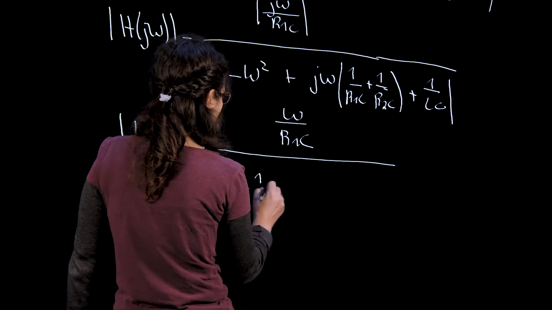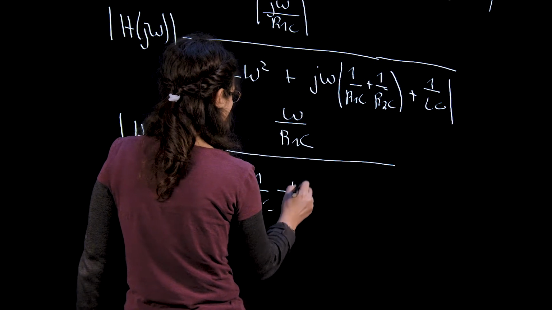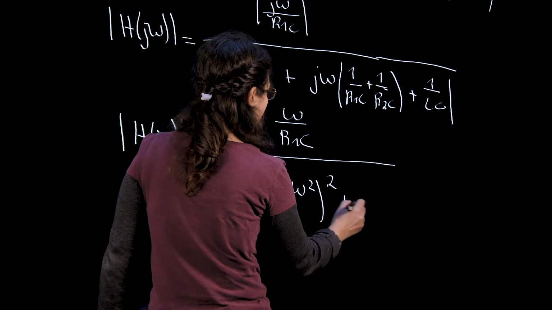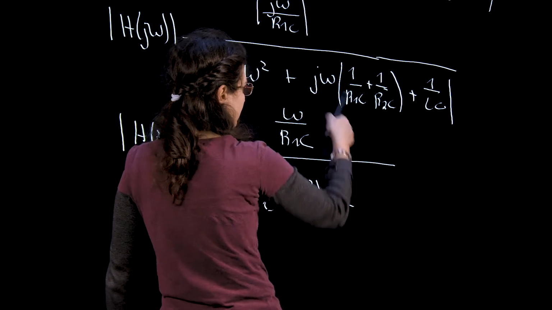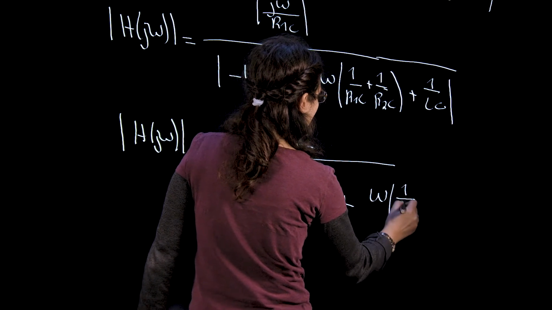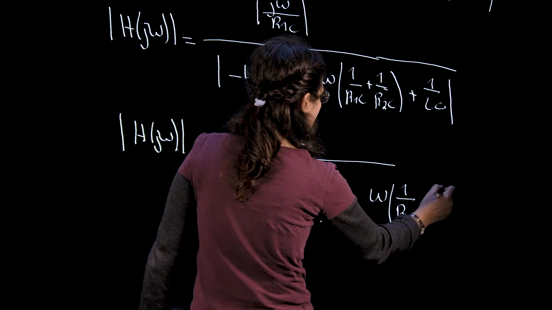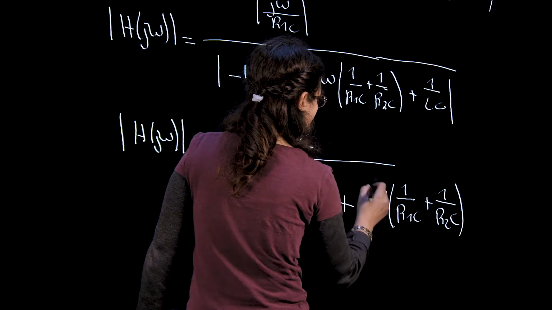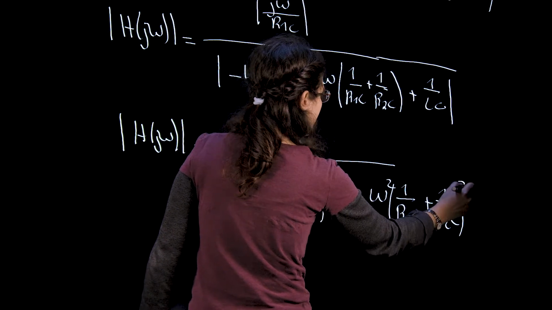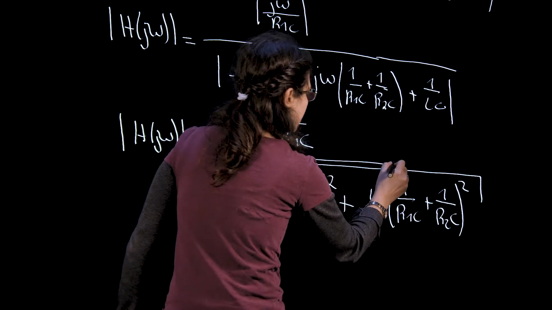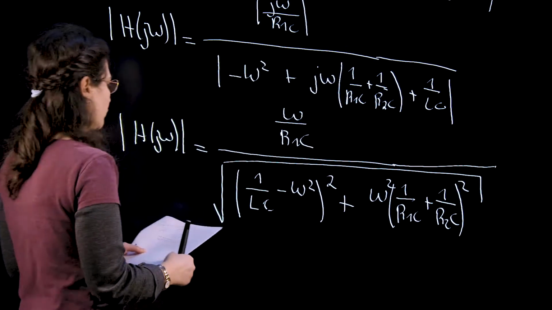So I have 1 over LC minus omega squared, and that squared plus the imaginary part, which is this one, omega times 1 over R1C plus 1 over R2C, squared like this. So this is my magnitude.